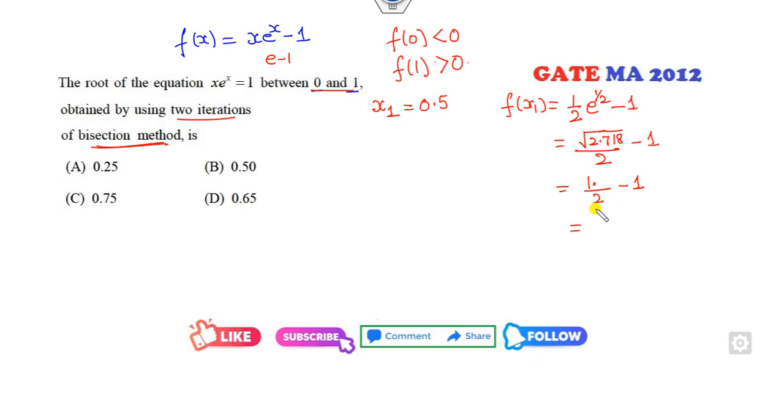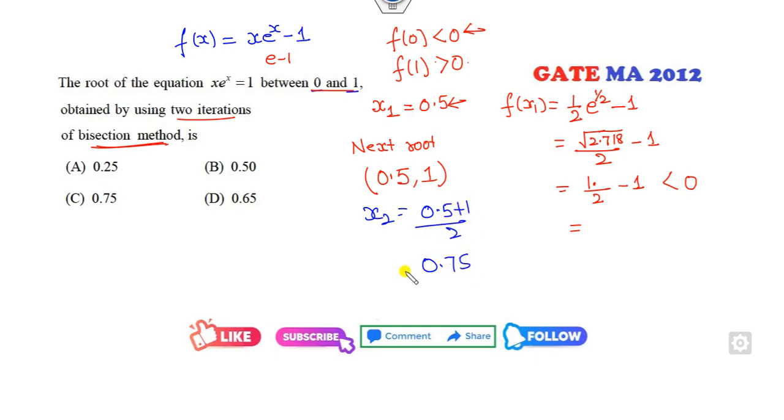If you use the calculator, you will see this number is less than 0. So once f is negative, it means the next root lies here, so I can replace this 0 by this value. Then what is my x2? Average of this. So the right answer is 0.75. So C is the right answer of this problem.